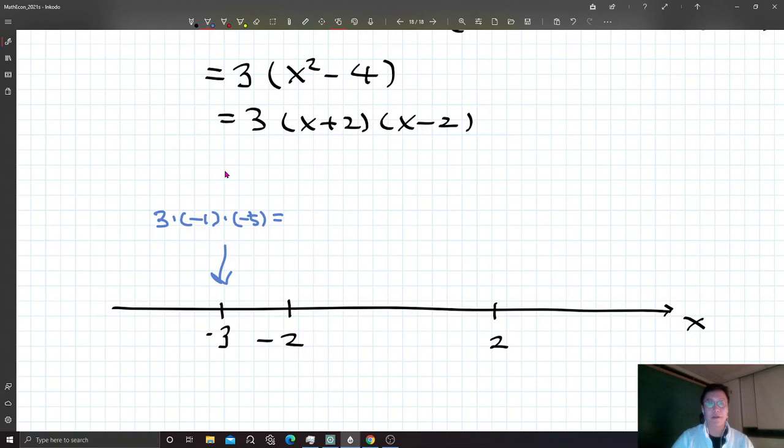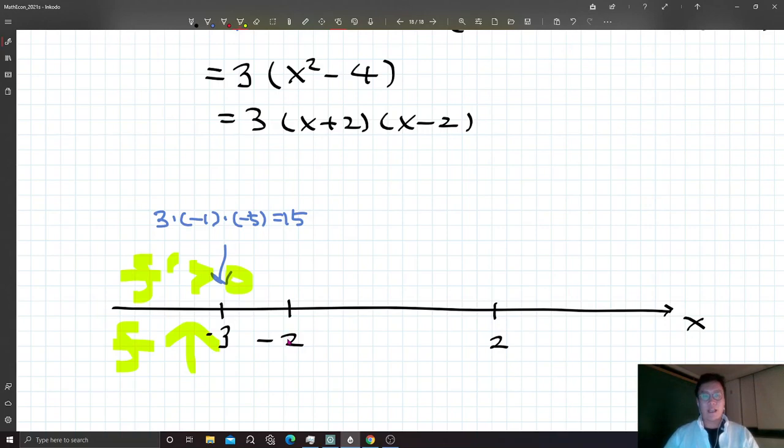It is positive. So we can infer that on this interval, whenever x is lower than negative 2, the derivative is positive. f prime is positive, meaning that function f is increasing.